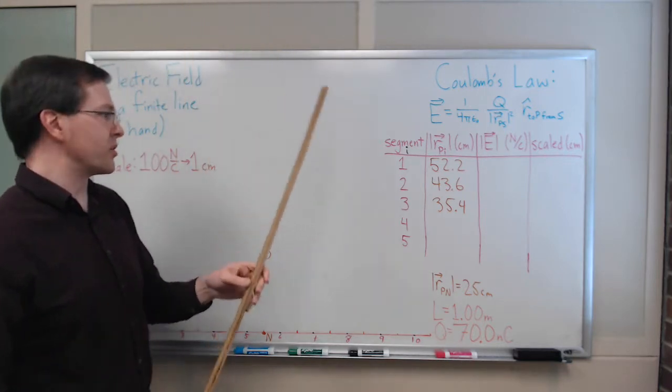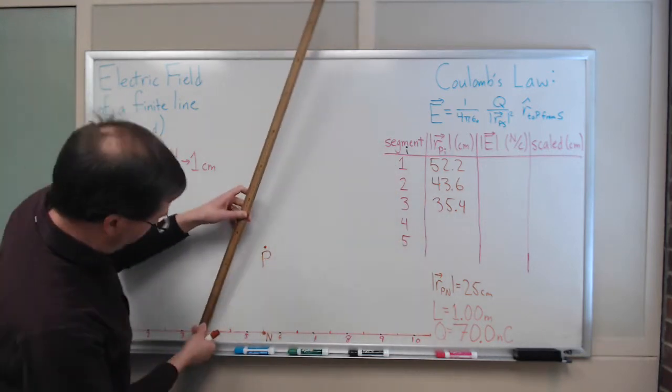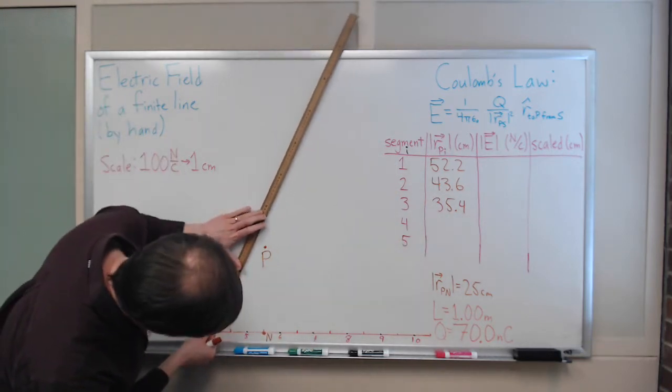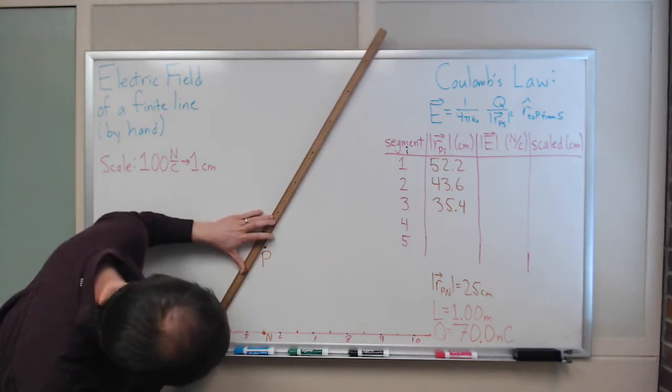It's probably an uncertainty of plus or minus 3 millimeters in each one of these, probably more than that. Plus or minus 5 millimeters in each one, maybe even more. I don't know. But let's see.